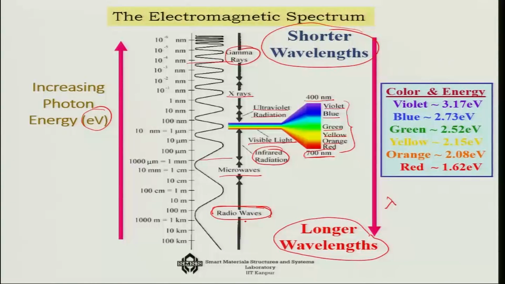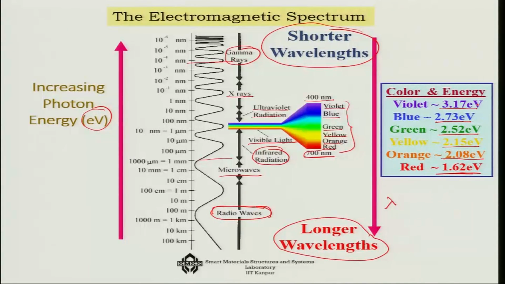For example, in the visible spectrum itself, red has an energy of about 1.62 electron volt, orange 2.08 electron volt, yellow 2.15 electron volt, green 2.52 electron volt, blue 2.73 electron volt. It is increasing gradually, and violet is 3.17 electron volt.